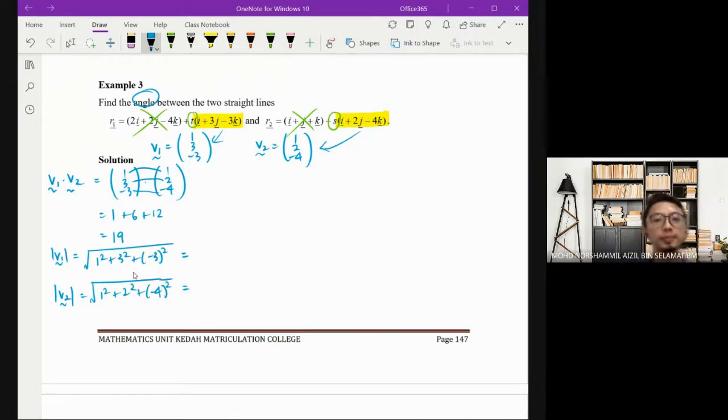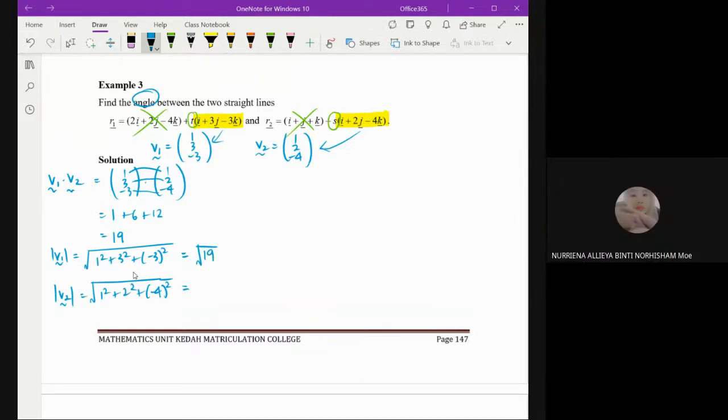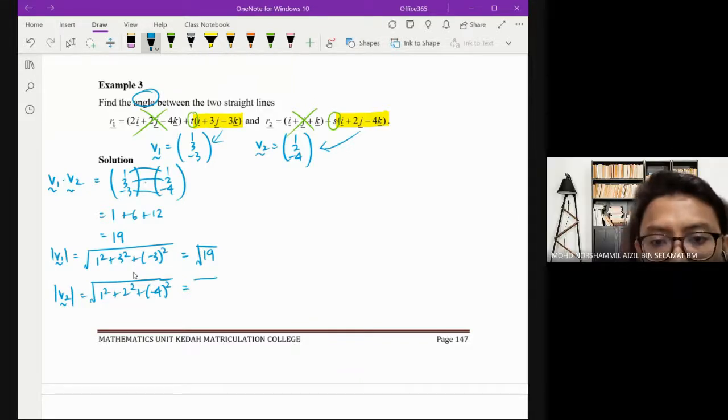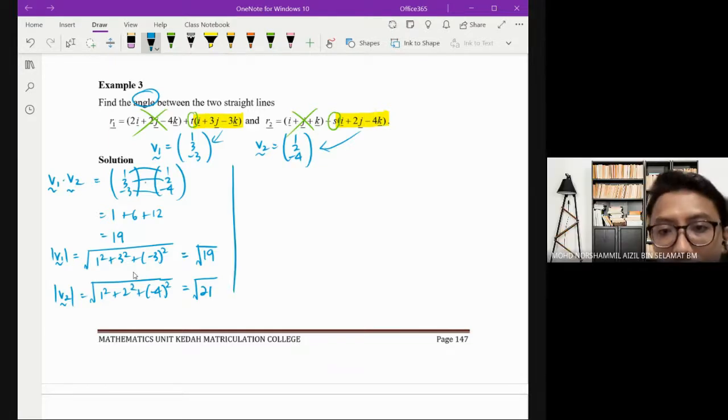So calculate. 9, 9, 18, 19. This one is root 19. Yes, sir. Okay, this one 1, 4, 16. 5, 16, 21. Yes, sir.